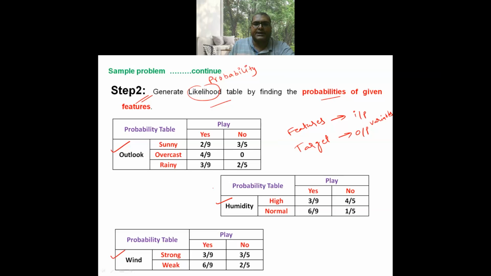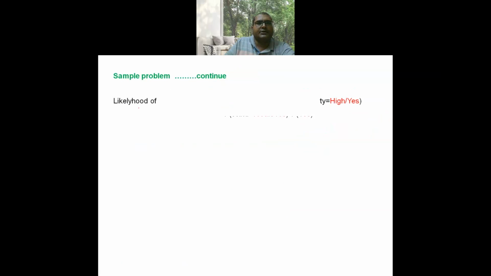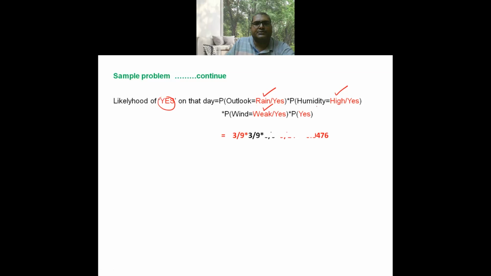Step 3 is to calculate posterior probability for the given problem. The likelihood of yes on that day is outlook rain by yes, humidity high by yes, wind weak by yes, multiplied by yes. It is based on conditional probability Bayes theorem, and substitute the probabilities given in step 2.